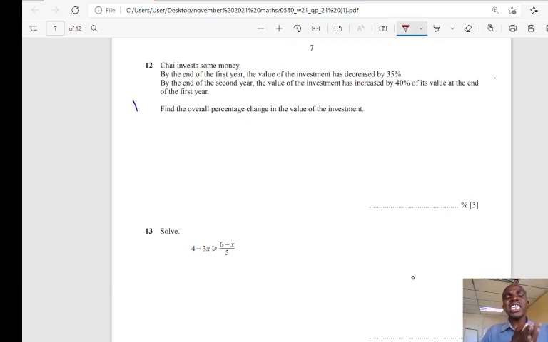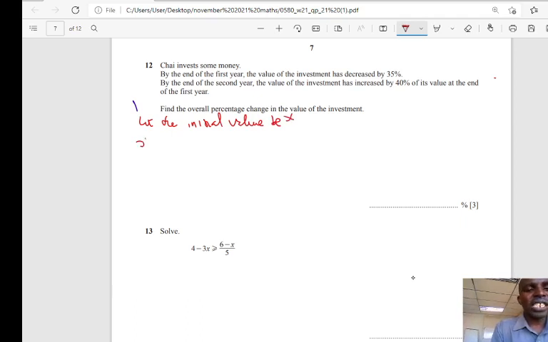first thing, you find the value of the investment at the end of first year. It's decreased by 35%. So first you say, let the initial value be x.